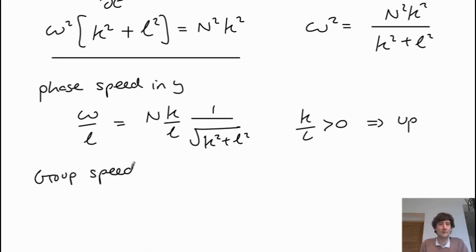Now if you look at the group speed, which is where the energy is going, this is d omega by dl.